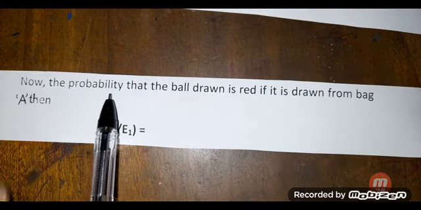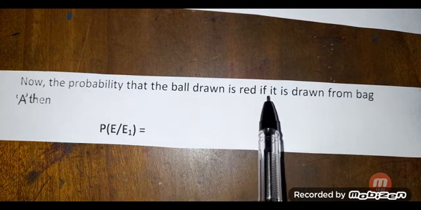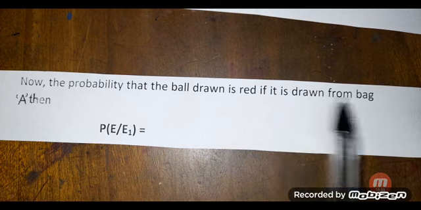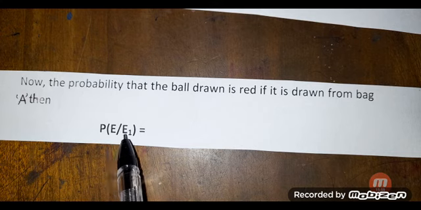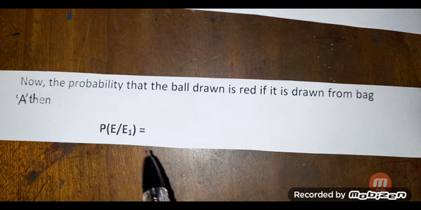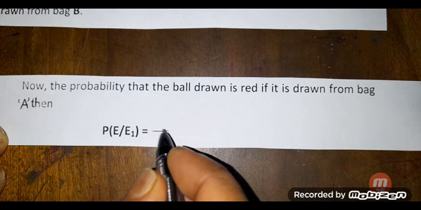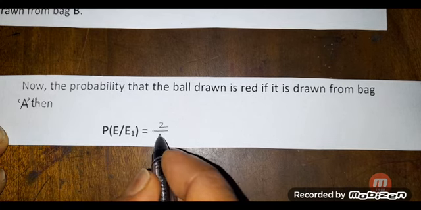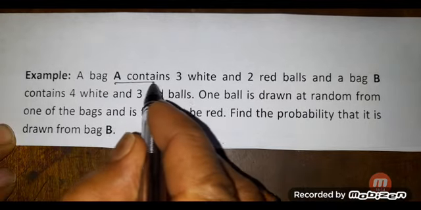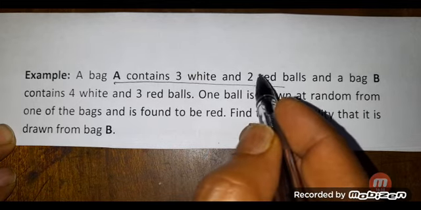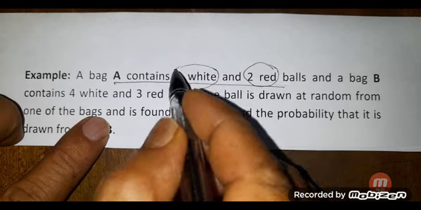Now, the probability that the ball drawn is red, if it is drawn from bag A, then probability of E given that E1 is equal to 2 by 5, because bag A contains 2 red balls and 3 white balls.